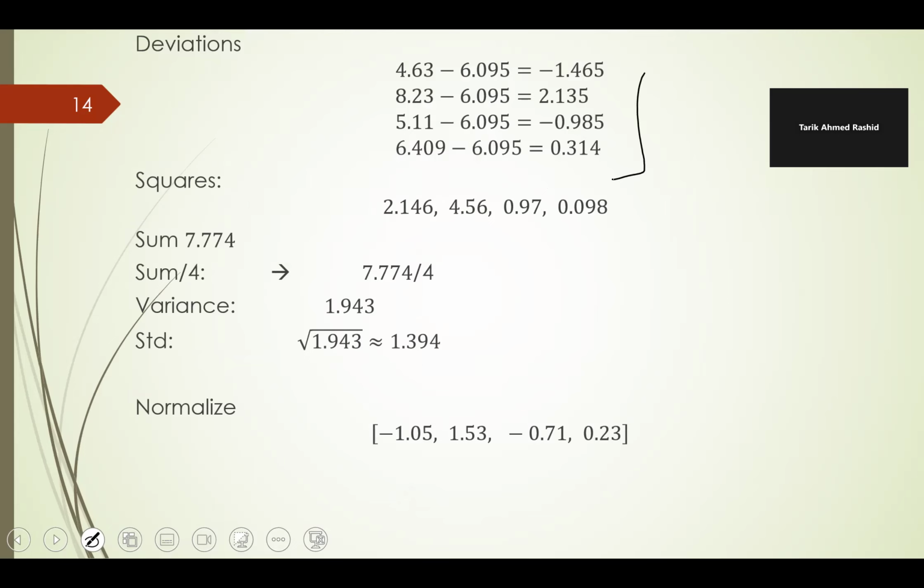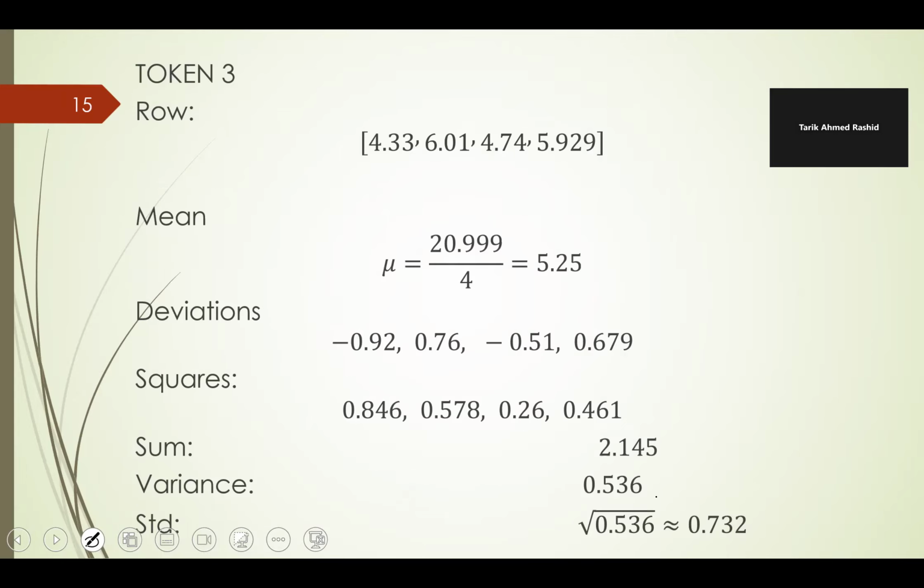Sum these up, divided by 4, you get the variance, and the square root of the variance gives the standard deviation. Then each value divided by 1.39, you'll get the second row normalized.